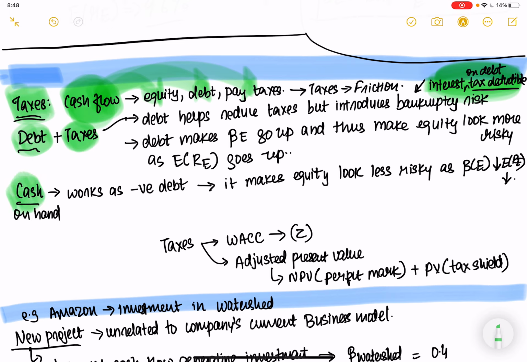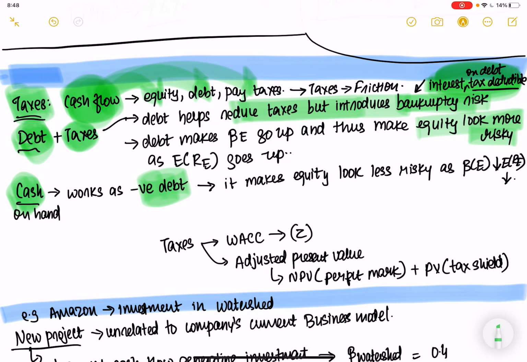But if you have cash, that's like negative debt. So let's look at what debt does. With debt, we just saw that it helps reduce your tax liability, but it introduces bankruptcy risk. But it also makes your equity look riskier, as we saw in the Facebook example above.